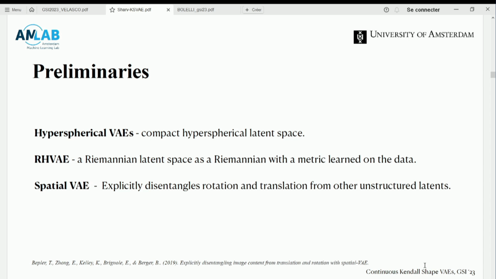Then came, for example, the spatial VAE, which can explicitly disentangle rotation and translation. This was one of the first to do so. The interesting thing is that once you can disentangle these, you can make the model rotationally invariant, or equivariant if you need. They do so, but the issue with this VAE is that you need to train these separately.